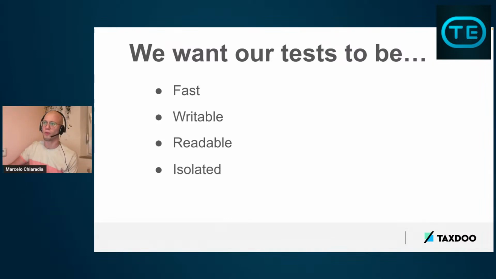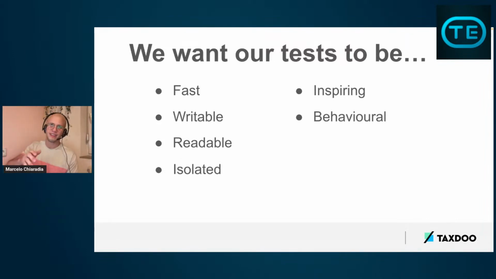We want them to be isolated. This means that we want to repeat them, and every time that we run them, we want the same result. We want them to be inspiring. This means that whenever a test passes, it should give us some confidence. And we want them to be behavioral.